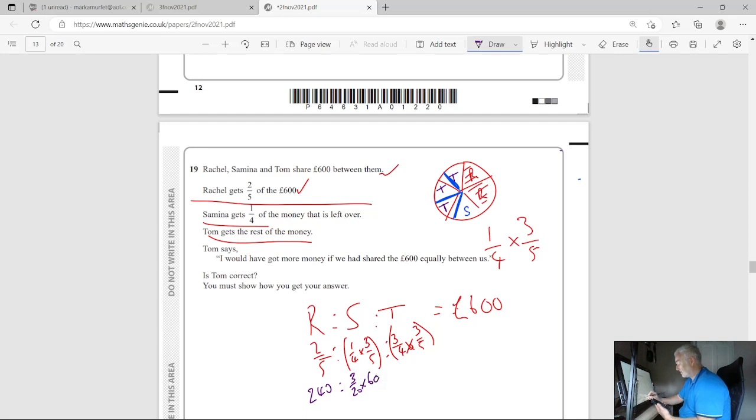So Samina gets 3/20 of £600, and that must mean then that Tom gets 9/20 of £600.